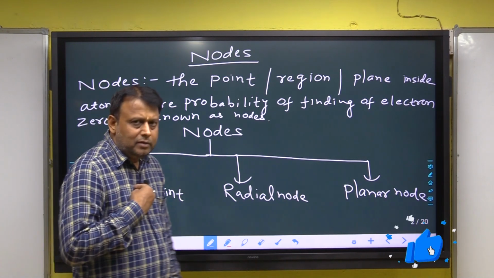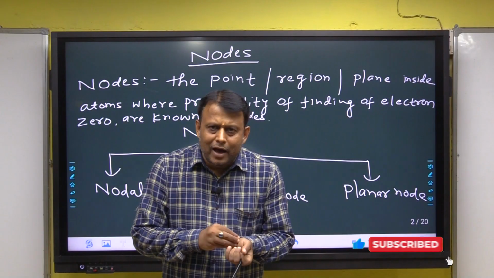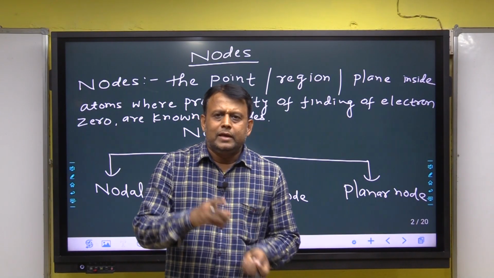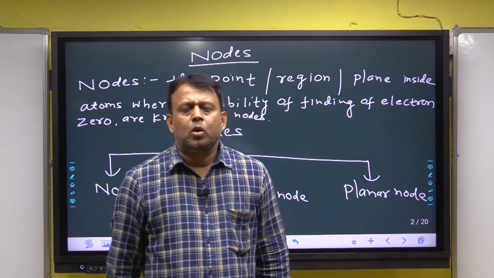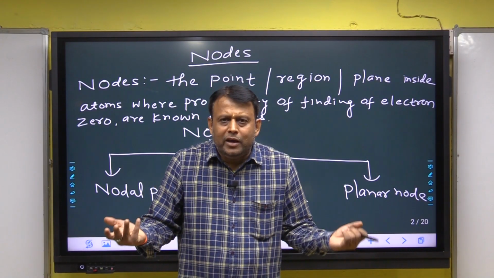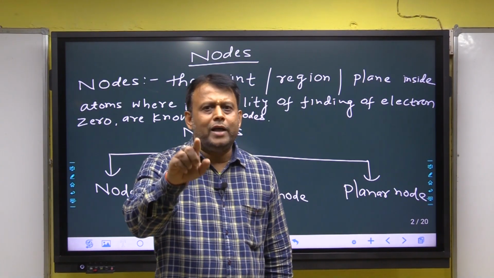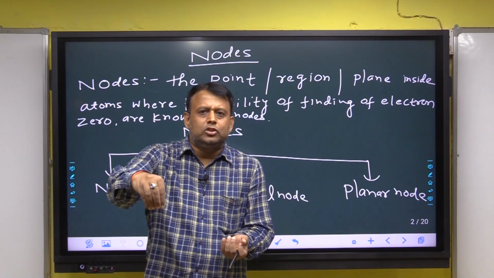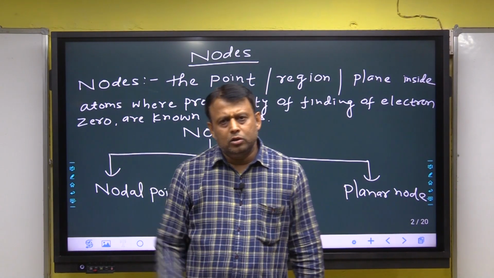I am repeating, the point, the area, the region, the plane inside an atom where the probability of finding an electron is 0 are known as nodes. When the electron density is 0, the probability of finding an electron is 0, and these are called nodes.